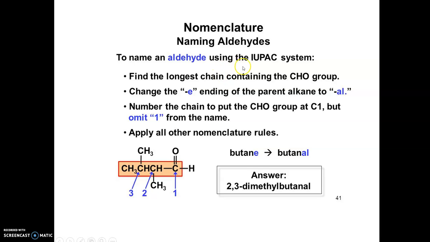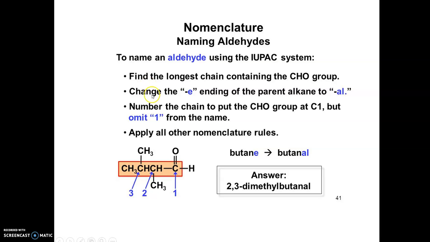Coming to the nomenclature, according to the IUPAC system, the rules that have to be followed for naming an aldehyde are as follows. The longest chain containing the carbonyl group is first identified. The total number of carbon atoms in the chain is counted.